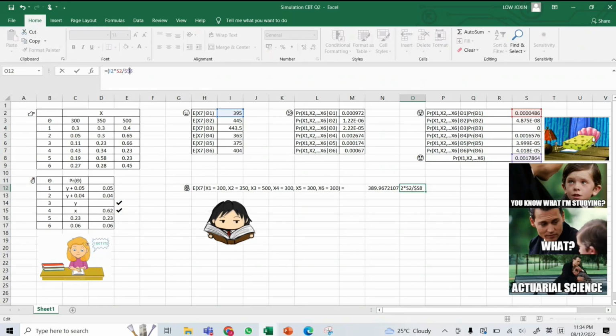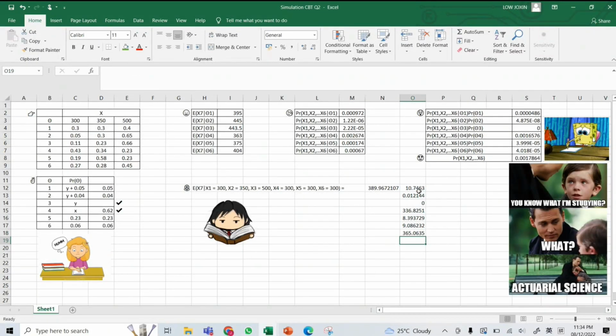And then we drag down to get the 6 theta values, and we sum them up. So we get 365.0635, but what we want is 389.9672107. So we can use Solver to solve this.